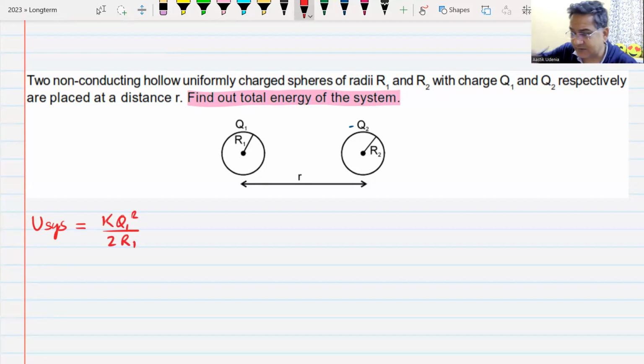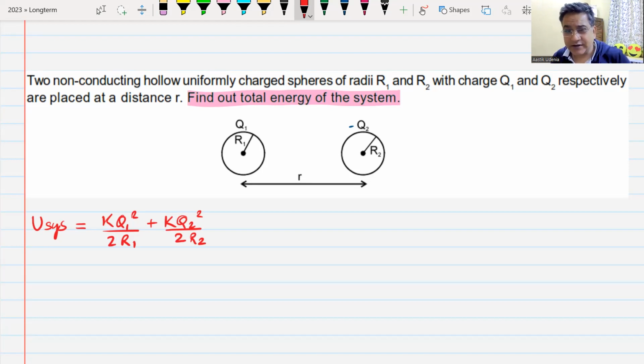This is the self energy of the first shell, the hollow sphere, yes or no? Yes. Plus K Q2 square by 2R2. This is the self energy of the second shell. But apart from that, they also have mutual energy, yes or no?